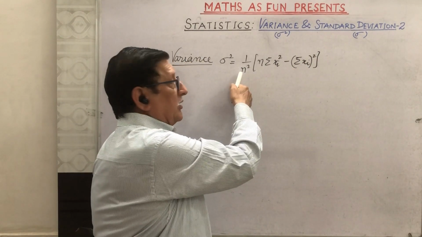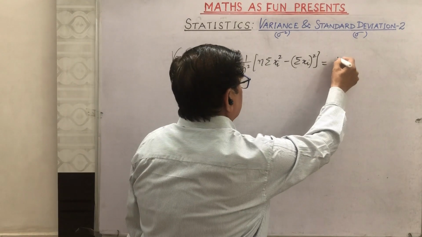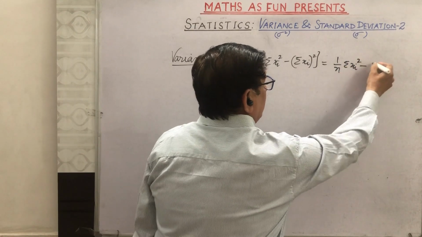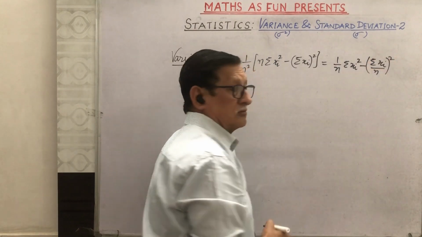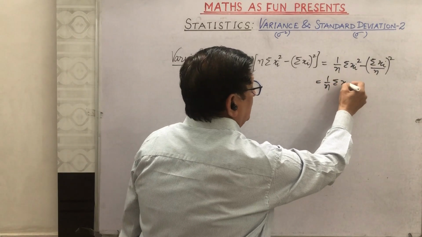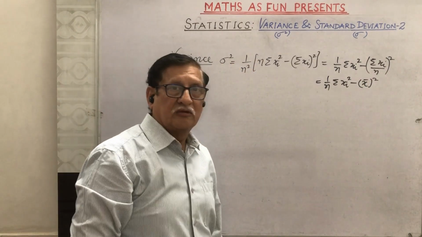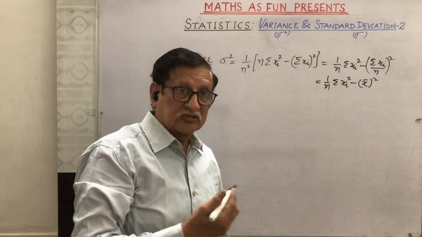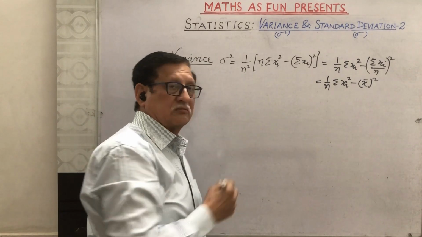If we multiply this n square inside, can we write this as 1 upon n sigma xi square minus sigma xi upon n whole square or not? Which can be written as 1 upon n sigma xi square minus x bar whole square. So this also becomes the formula for the variance. And standard deviation, as we know, is the positive square root of the variance.